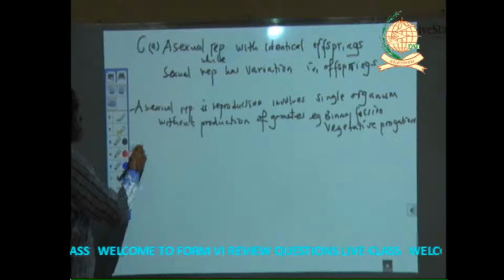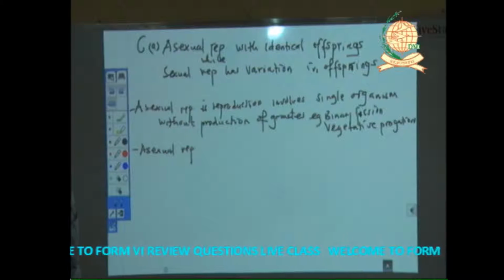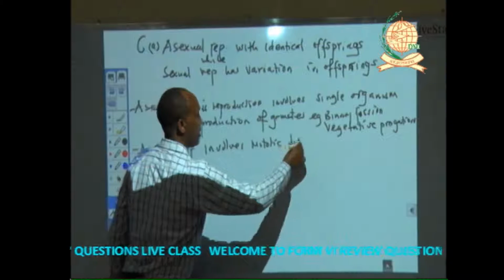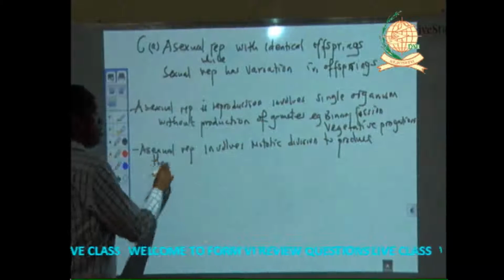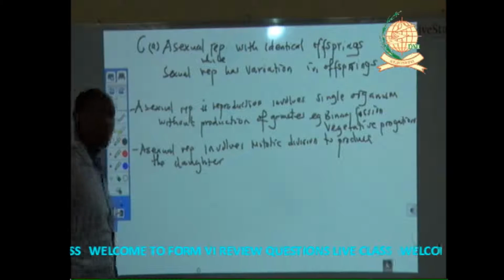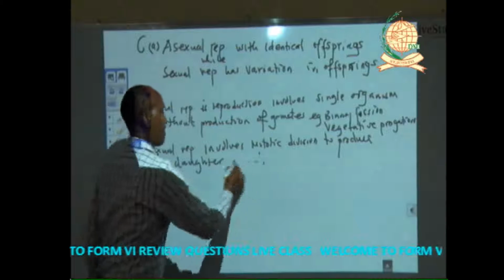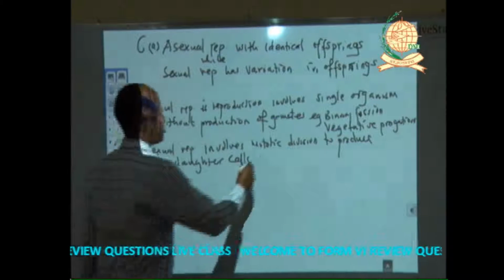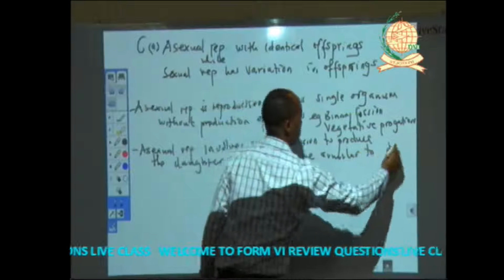This asexual reproduction involves mitotic division to produce the daughter cells, two daughter cells which are similar to the parent cell.